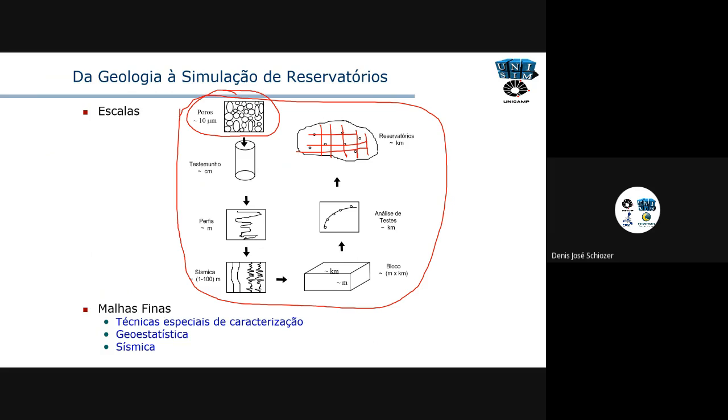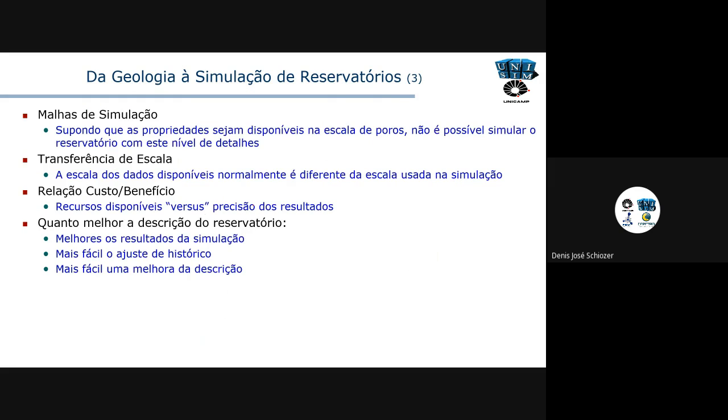Sometimes we have blocks, for example, of 100 meters by 100 meters, and 2, 3, 5, even 10 meters in the vertical direction. So once we go from here to here, we have a lot of numerical errors that we have to be aware of when we are using simulation. Okay, and this is what we are trying to see in these classes.